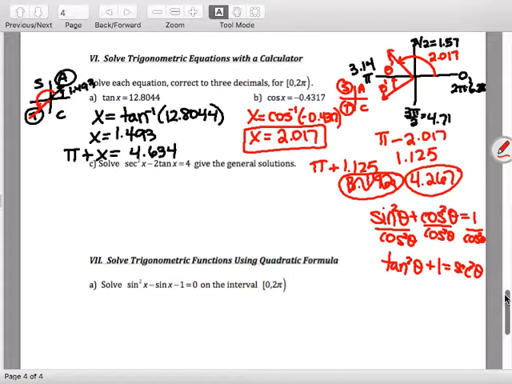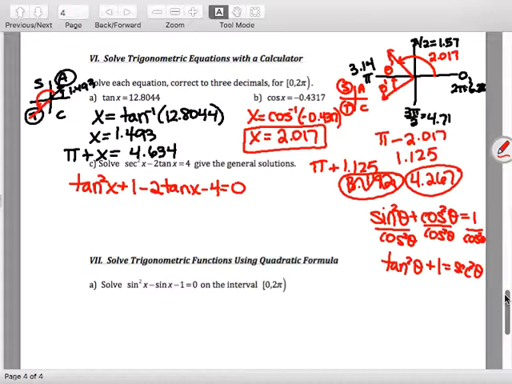So I'm going to use a Pythagorean identity substitution. I'm going to replace secant squared x with tangent squared x plus 1. And then let's go ahead and subtract the 4. So what we've learned so far, let me kind of backtrack. This is our 3rd day on solving equations, and we're still learning new techniques.